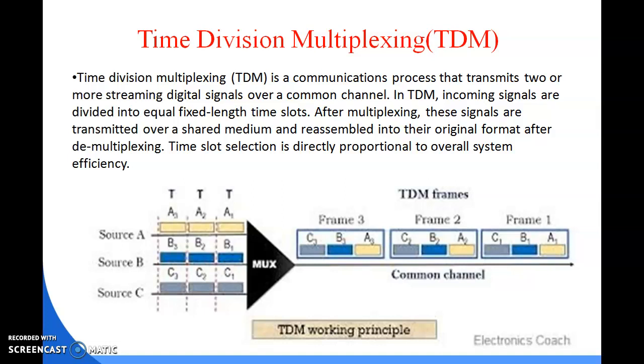If the component of any source is not ready within that time period, it must wait for the next frame. So transmitting depends upon the time period, and the time slot selection is directly proportional to overall system efficiency.